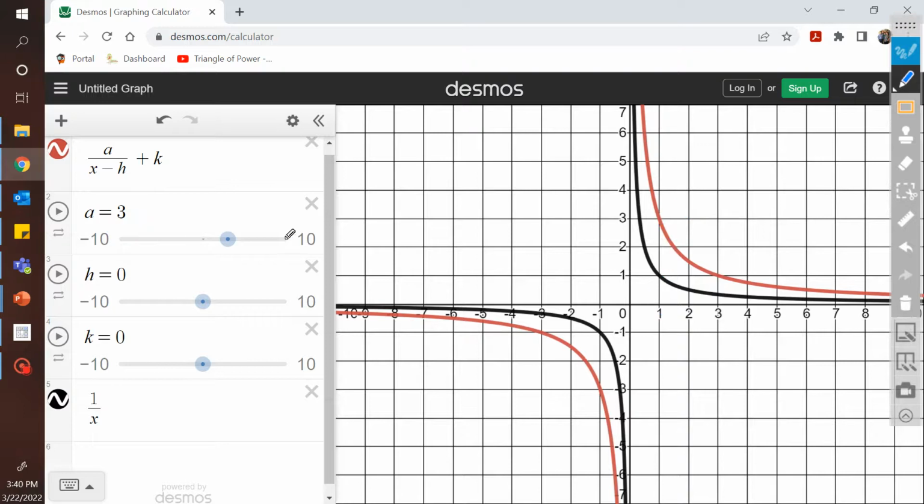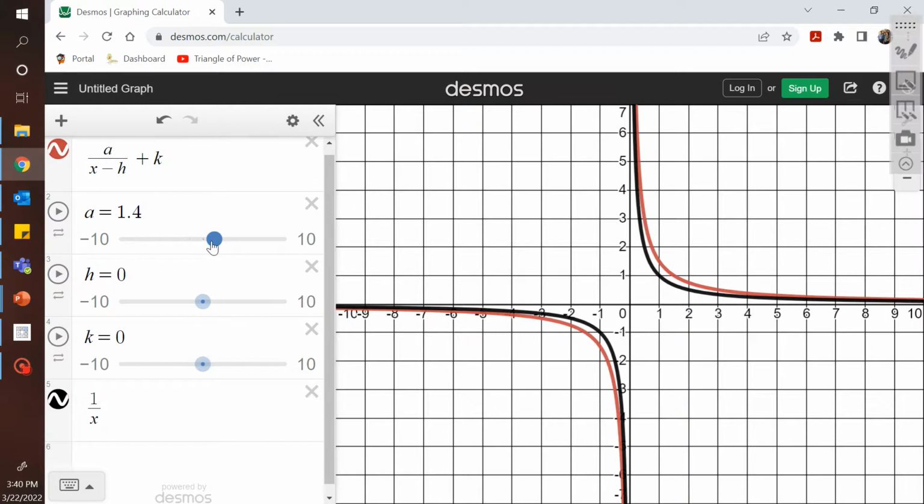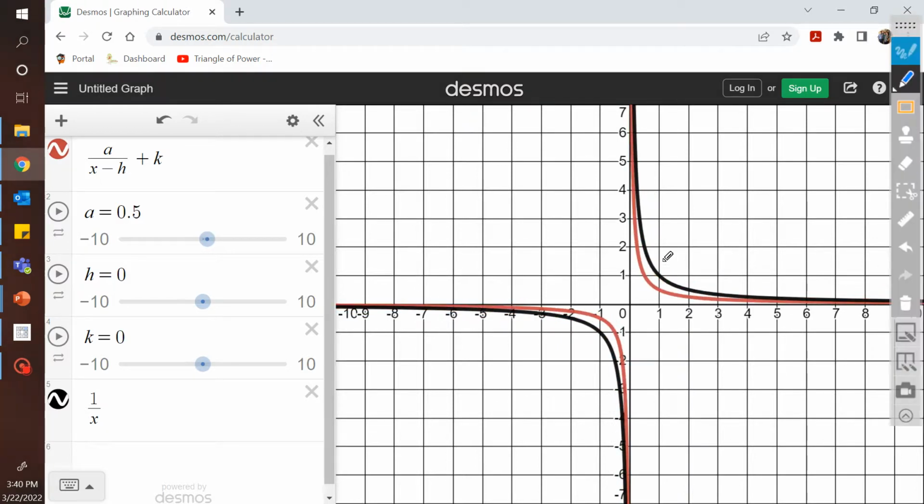Now, if we change that A value to something else, like a fraction, let's make it 1/2, so 0.5, you can see the point's been stretched closer to the x-axis, okay? This point that used to be at 1, 1 is now right here at 1, 0.5.